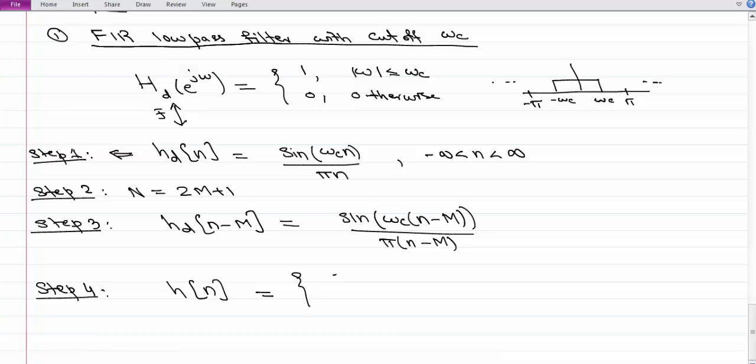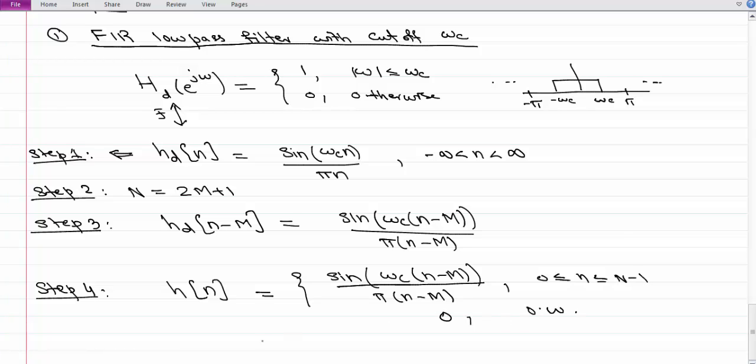So you use this function, sine omega c (n minus M) over pi (n minus M), from 0 up to N minus 1 and 0 otherwise. And that is your filter. It's going to have a frequency response H of e to the j omega, which is of course not going to be the same as H_d of e to the j omega, but it will be as close to it as possible.